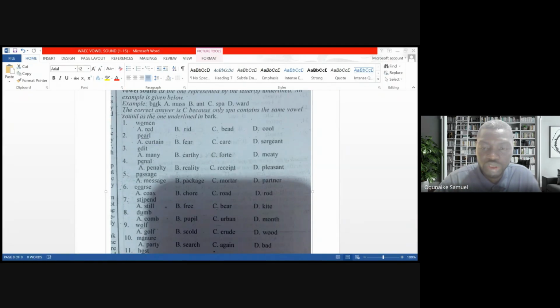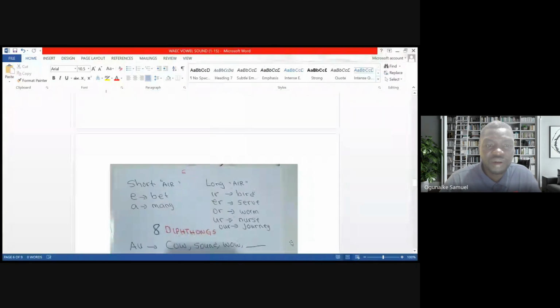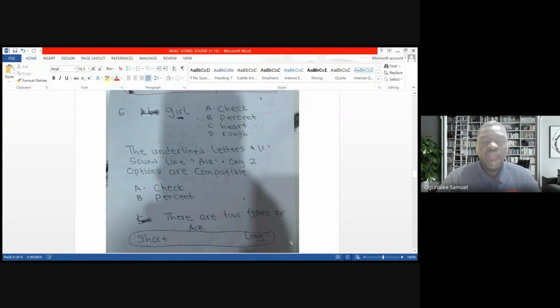So what I want you to do now is, for example, look at this number 6. Girl, IR is underlined. The underlined letters IR sound like a. Only two options are compatible. Check.